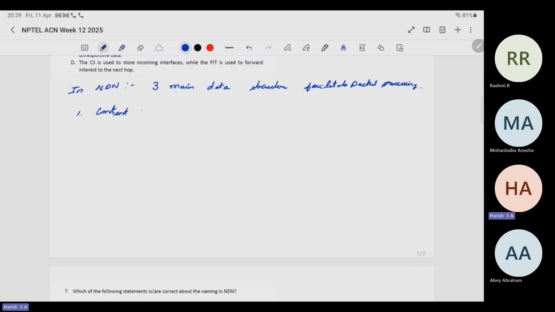Content store, CS, is a cache that holds data packets.